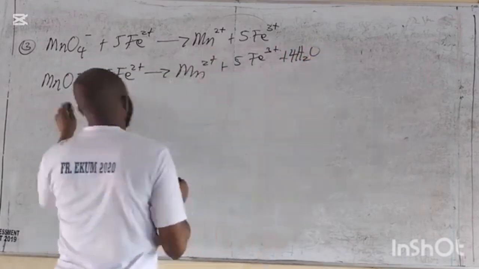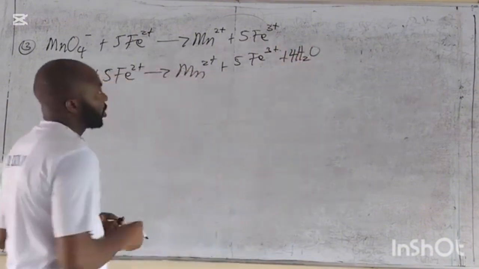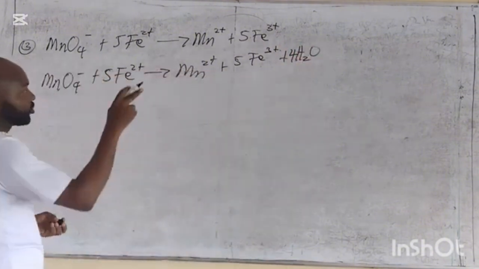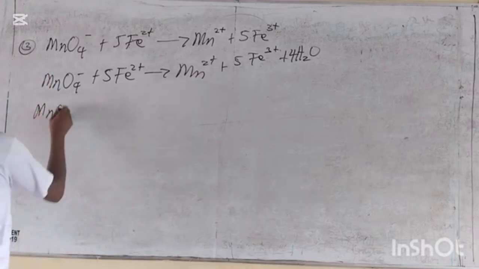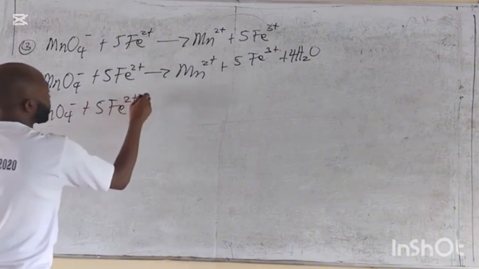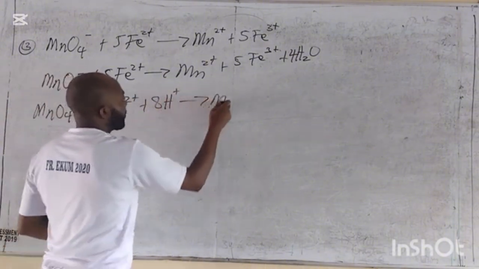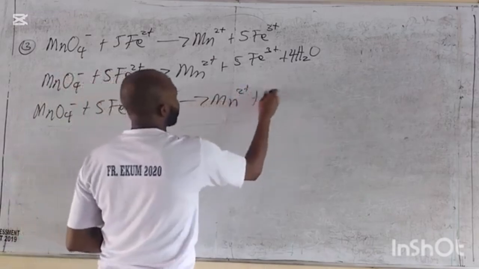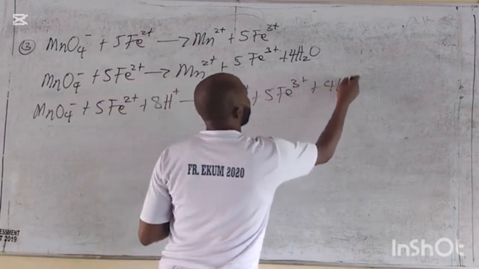So we have oxygen here now 4. In the course of doing that, we have 8 hydrogen there, so put 8 on this side. So I have my MnO4 minus plus 5 iron 2 plus 8 hydrogen plus give us manganese 2 plus, 5 iron 3 plus, 4 H2O.